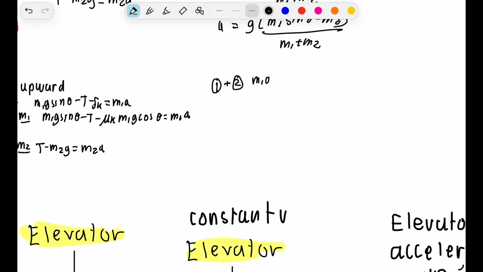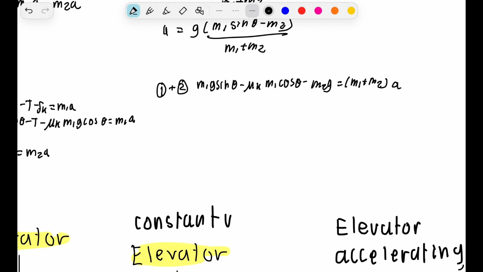So now we just add 1 and 2 again like we've been doing. We have M1g sine theta minus mu k M1g cosine theta minus M2g equal to M1 plus M2 times the acceleration. So acceleration is M1g sine theta minus mu k M1g cosine theta minus M2g, all divided by M1 plus M2.